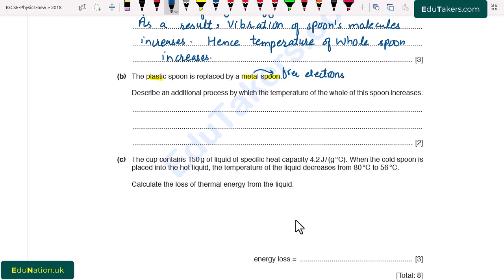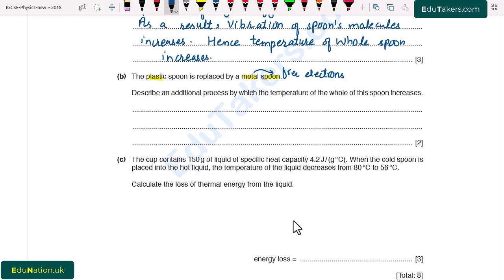So when the molecules of the hot liquid collide with the surface of the metal spoon, they also transfer energy to the free electrons in the spoon. These free electrons move throughout the metal, due to which the temperature of the spoon increases.